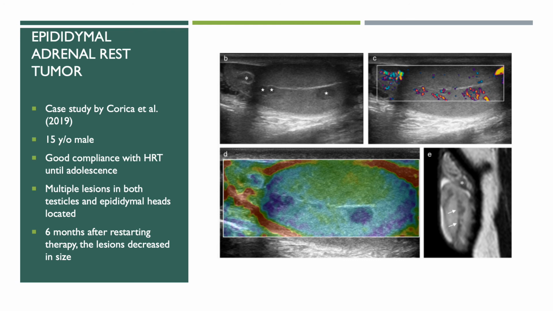You can see here they also used strain elastography, which demonstrated higher stiffness in all lesions compared to the surrounding testicular parenchyma. After 6 months of compliance with glucocorticoid therapy, the epididymal and testicular lesions decreased in size, with some testicular lesions completely regressing.